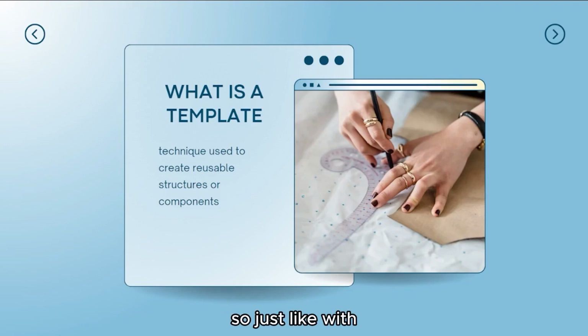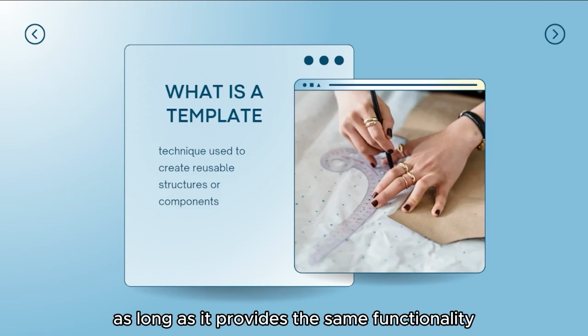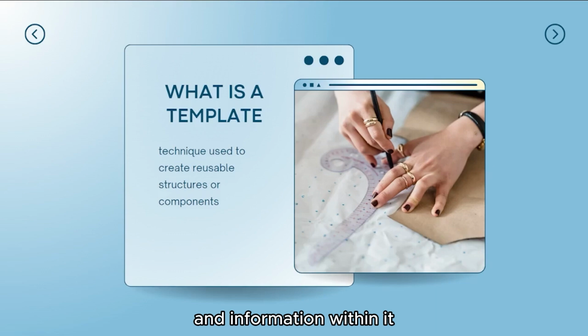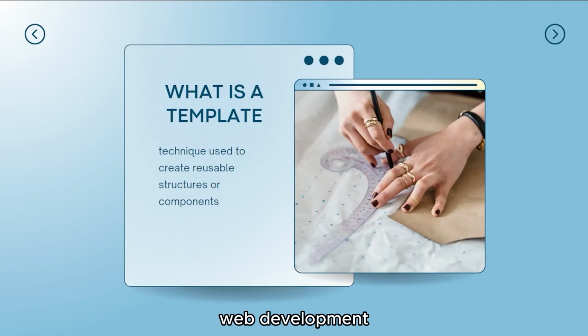So just like with EJS, or embedded JavaScript, these are chunks of code that we can repeatedly use, no matter what web pages they will be located on. Doesn't matter if we are going to use them on multiple web pages, as long as it provides the same functionality and information within it. That is how a template is defined in the context of web development.